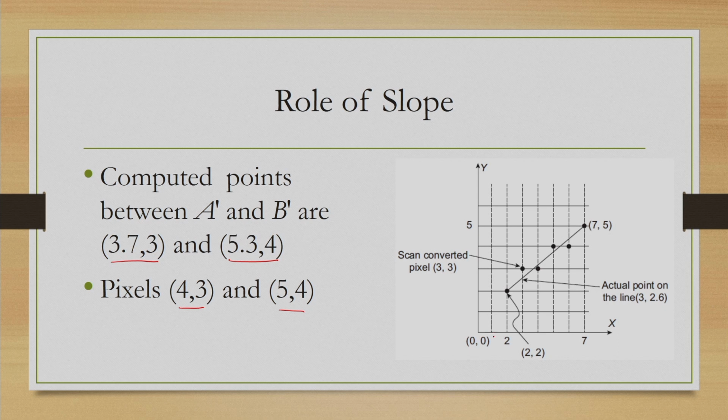So, 4, 3 is this point and 5, 4 is this point. Note that earlier we got four additional points when we moved along the x direction. Now, we are getting only 2 points, these two, when we are moving along the y direction and computing x.